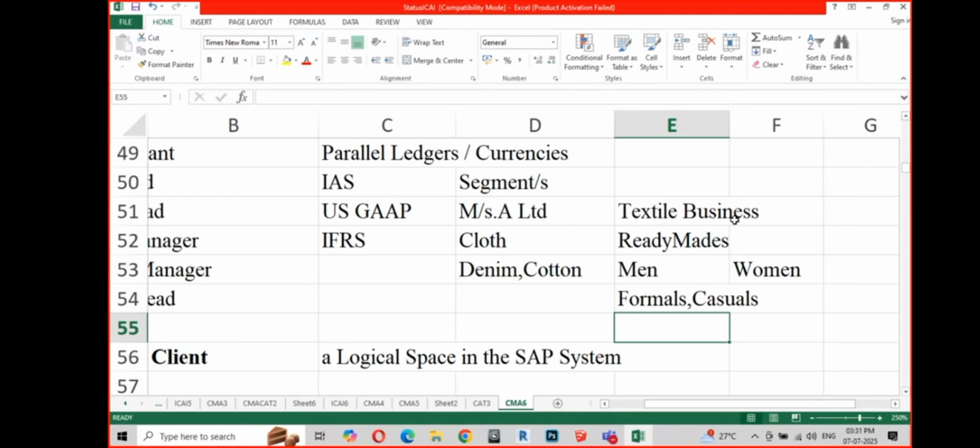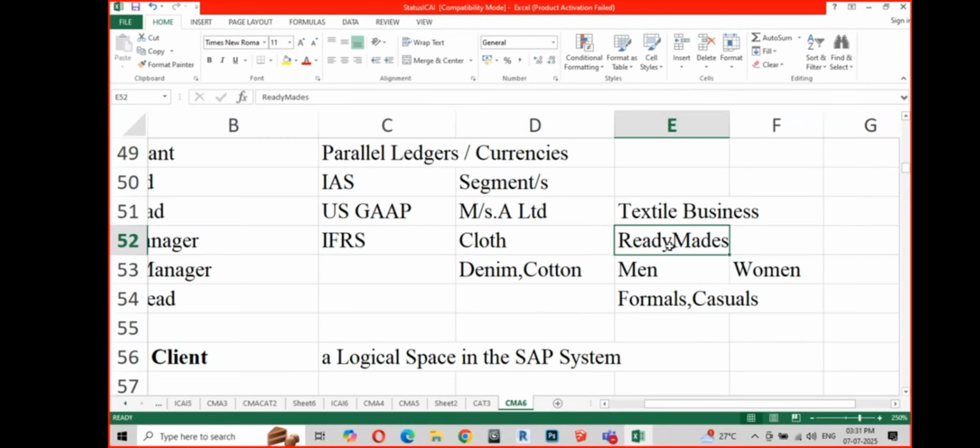Right? Now, in this category, I can subdivide half shirt, full arm shirt, right? I can have any number of them. So at what exact point does A Limited want to report its functions or understand how its business is doing? Do I want my reporting only at the cloth and the ready-mades level?